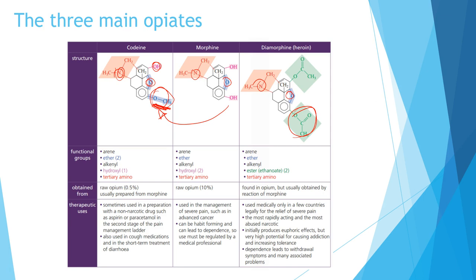We do an extra step to it. Morphine is only present in raw opium at about 10%, but it is purely extracted from opium. Heroin, very, very small amounts found in opium, but usually, again, we react this in the lab from morphine into diamorphine. So if you can imagine only 0.5% of codeine, it's even less of that for diamorphine.